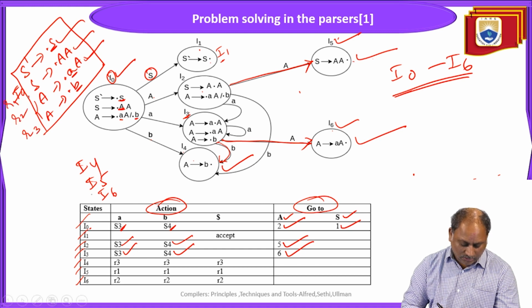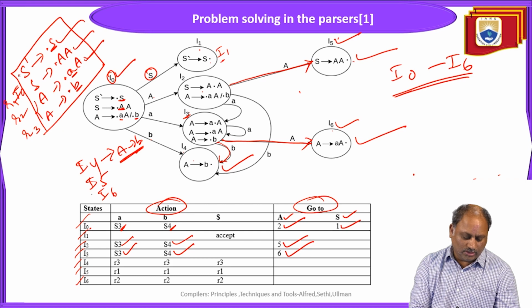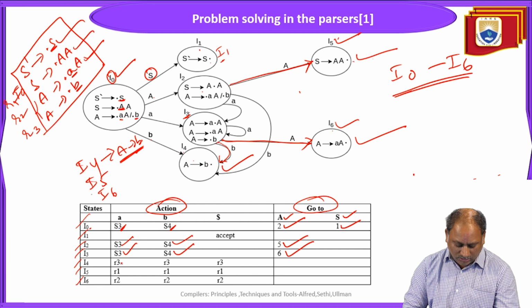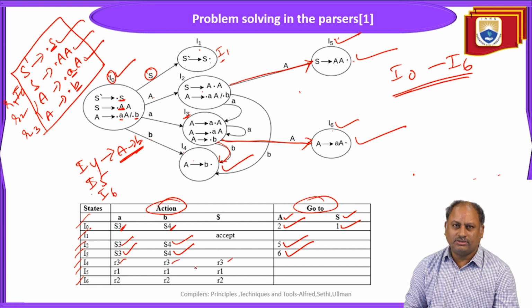The production A derives b dot exists, and we have to write the reduction steps with the numbering 0, 1, 2, 3. The augmented production is 0, and the remaining are 1, 2, 3. Where this A derives b exists is R3. So I4 is to be written with R3 for all the action parts.